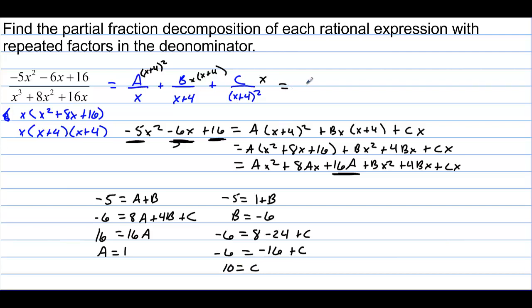Now we can write this as 1 over x, the a is 1, the b is negative 6, we have minus 6 over x plus 4, and then the c is 10. We have plus 10 over x plus 4 squared.